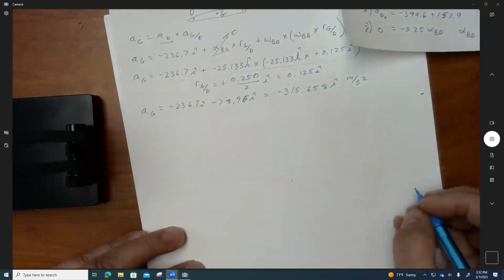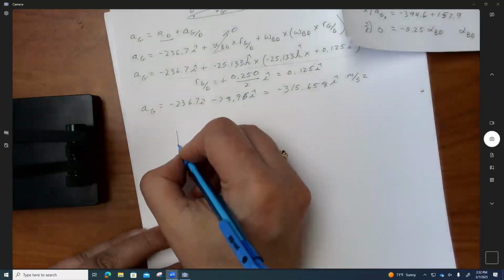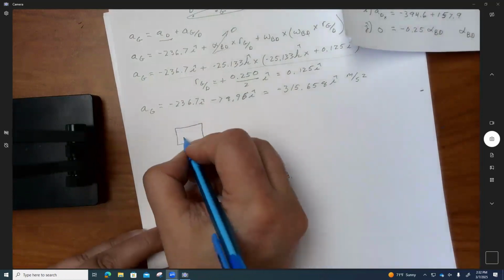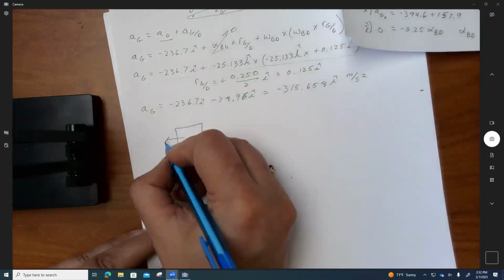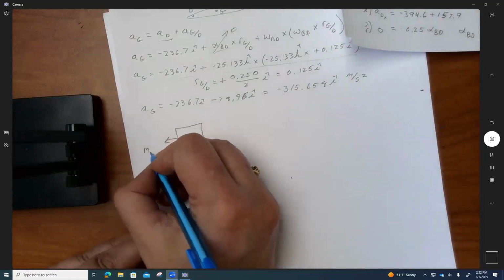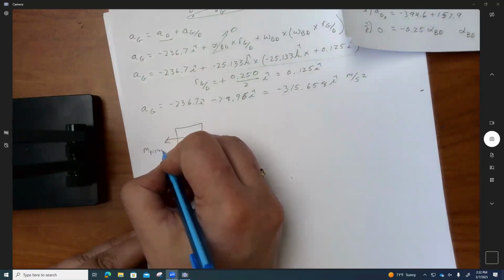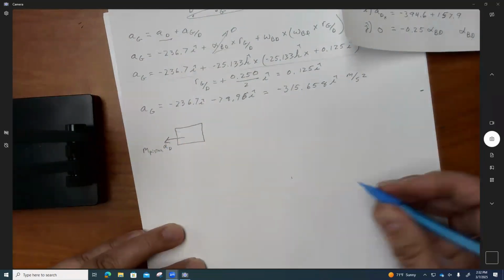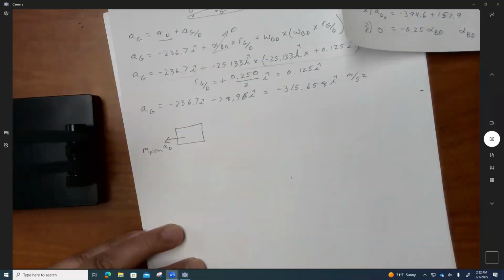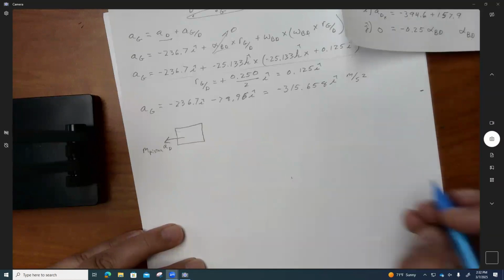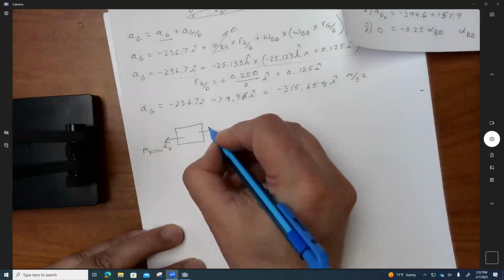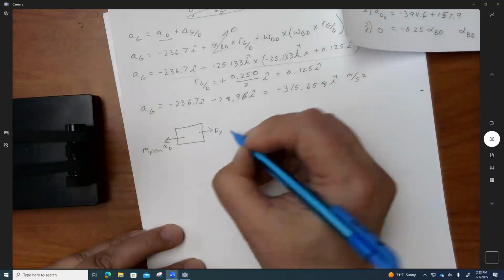So if I have that piston again, and I know that the mass of the piston multiplied by the acceleration of D is going to be the right-hand side of my equation. And I will just assume that my Dx is going this direction.